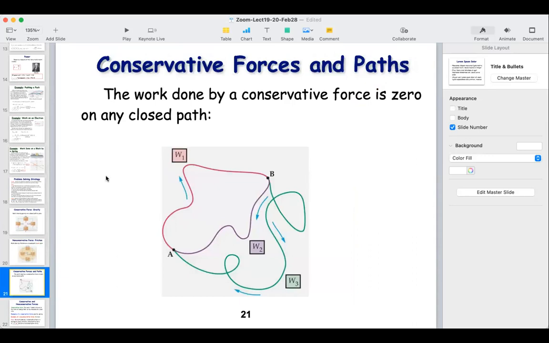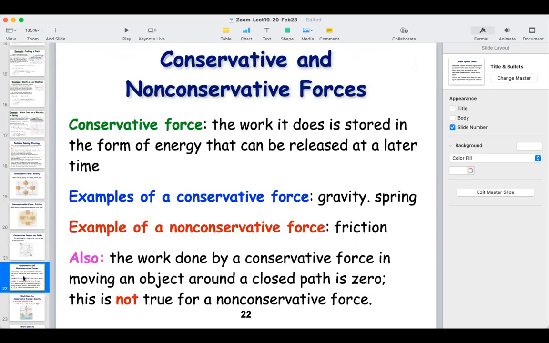So the work done by a conservative force is 0 in any closed path. This is the definition. And in this case, the work is stored in the form of energy that can be released at a later time. An example of conservative forces are gravity and spring, while an example of non-conservative force is friction.